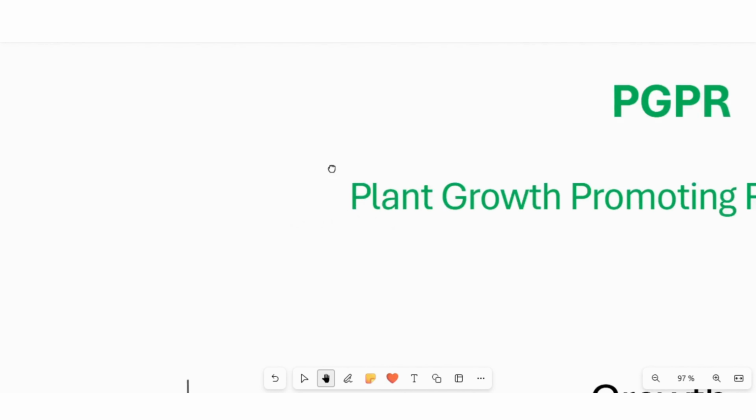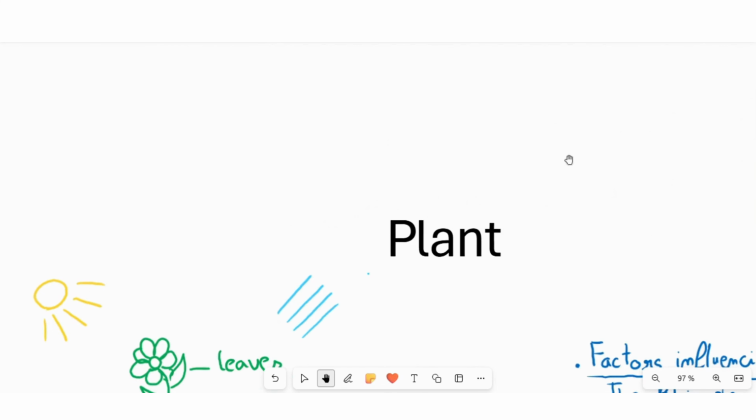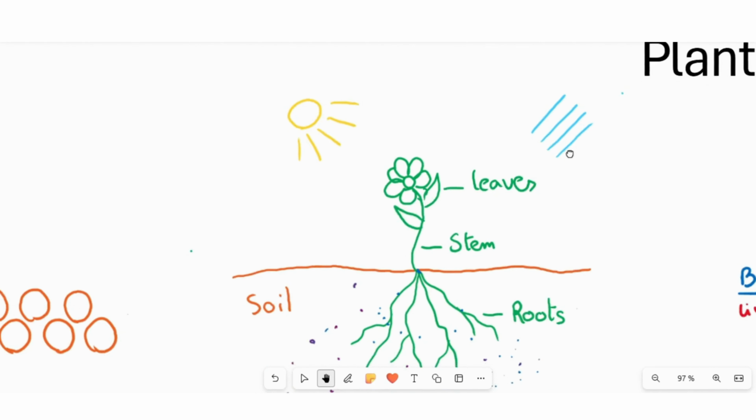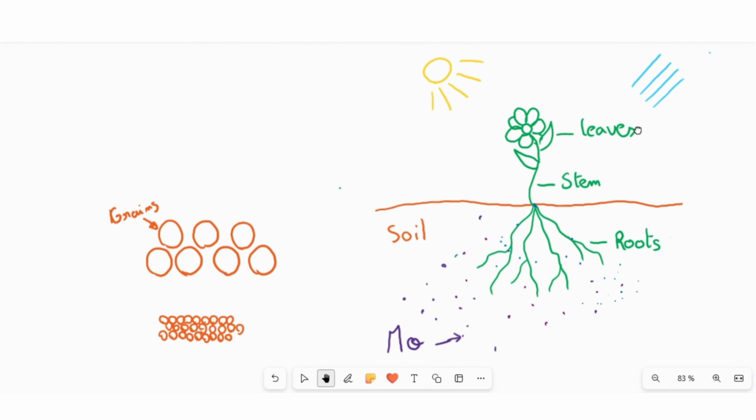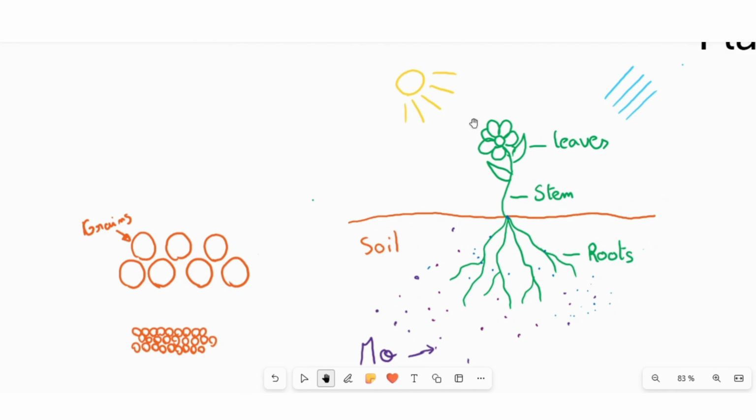PGPR. The first thing we say is plants. So let's look at the plant structure. Now, a plant has leaves, it has stem and roots, which are integrated in the soil where we find microorganisms like bacteria and fungi, etc. The plant produces its nutrients by a process of photosynthesis.